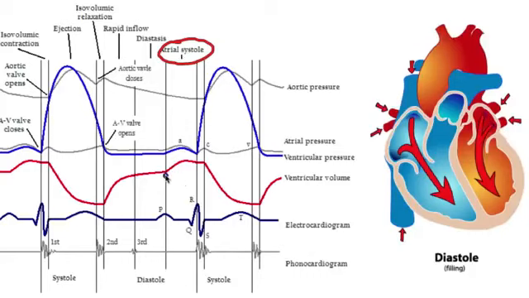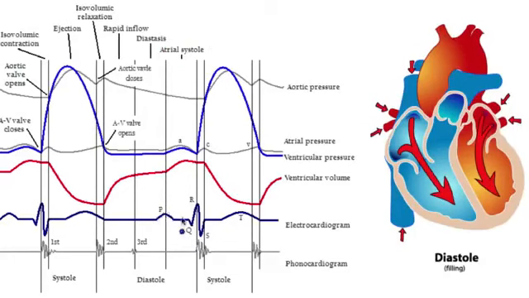And that is why we see this quick increase in the amount of blood in the left ventricle. So we get an increase in ventricular volume right after the atria contract. So we've described this section here, which is the atrial systole.